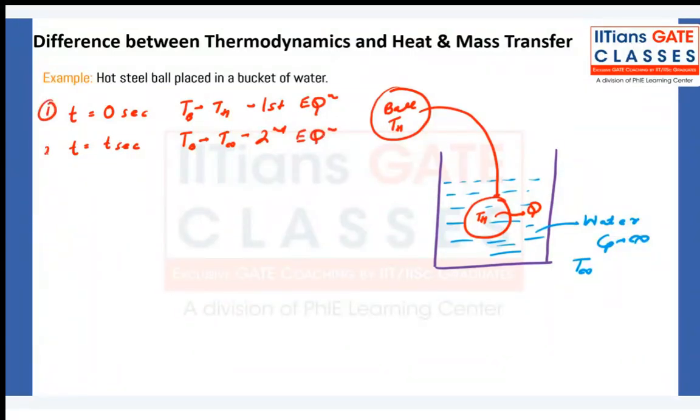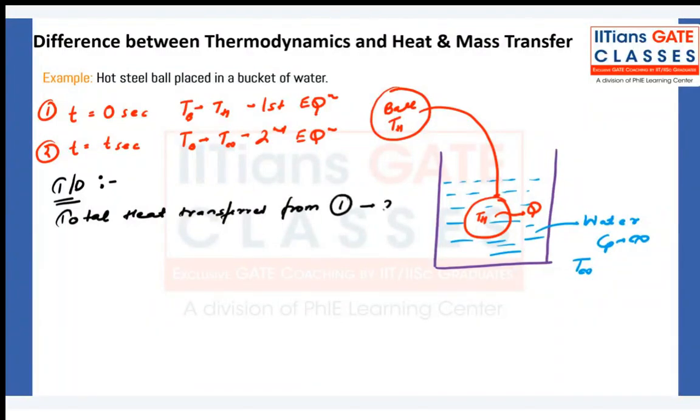Now, when we talk about thermodynamics, what will thermodynamics be able to calculate? Thermodynamics will be able to calculate the total heat transfer quantity, how much heat is transferred from equilibrium state 1 to equilibrium state 2.